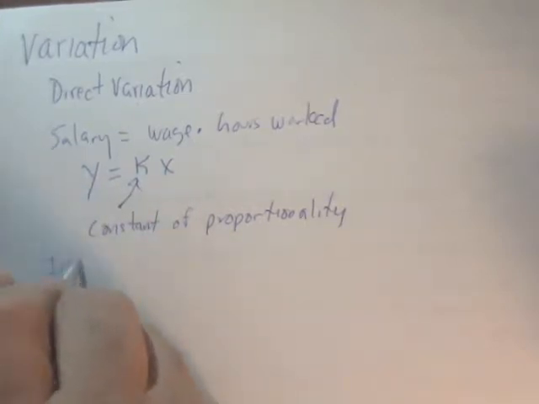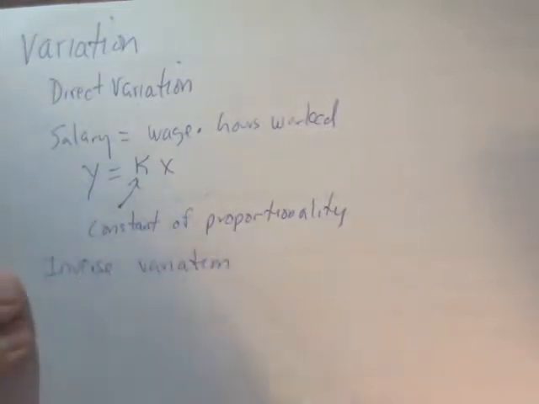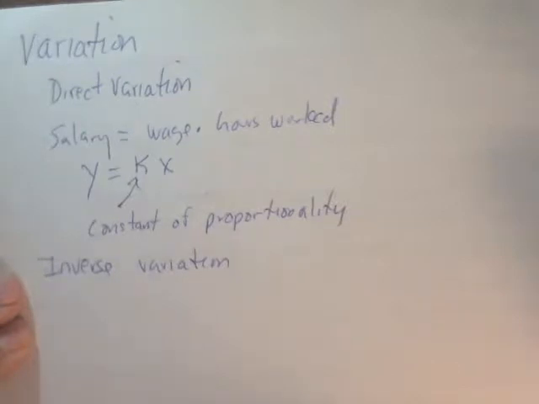The other type of variation is inverse variation. So inverse variation is when one item increases, the other one decreases. And this type of equation looks like that. Okay, so when you have this constant k, as x gets bigger, y gets smaller, because you are eventually approaching this value here.